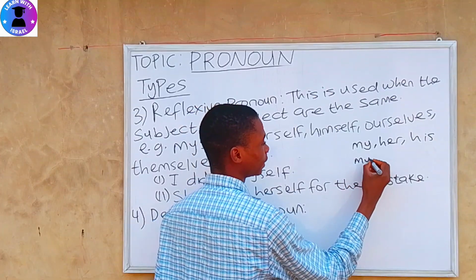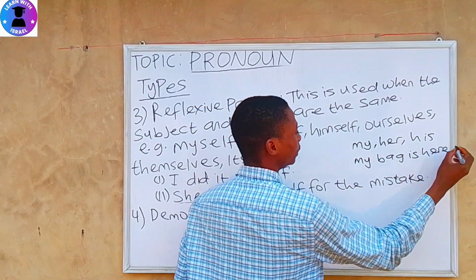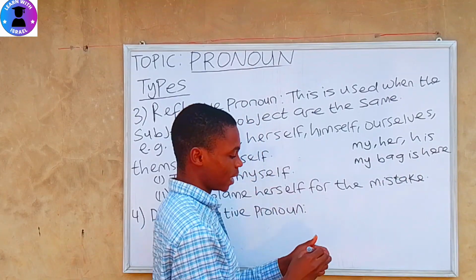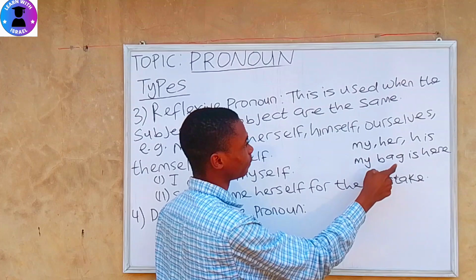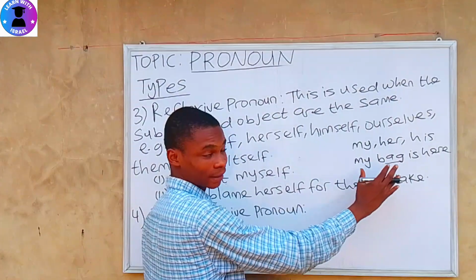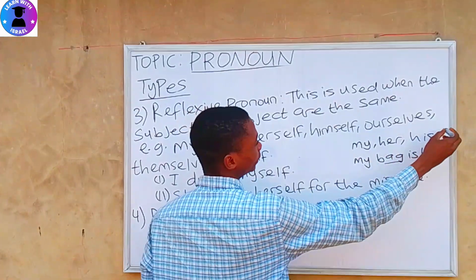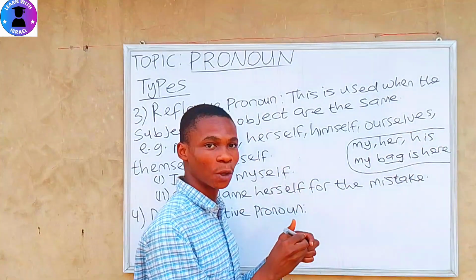If you say my bag is here, this is a possessive adjective. Anytime the pronoun is coming before a noun, it is a possessive adjective, because bag is the noun. I hope that is clear now. So these are possessive adjectives. Don't confuse them with reflexive pronouns.